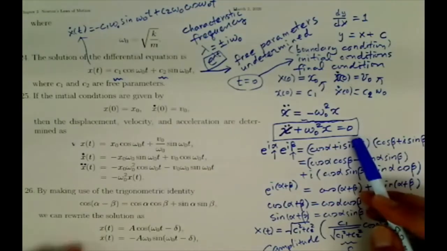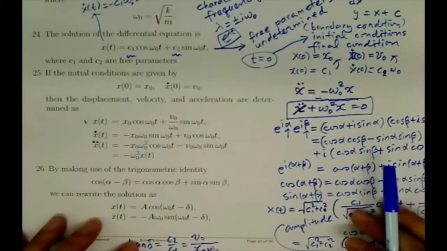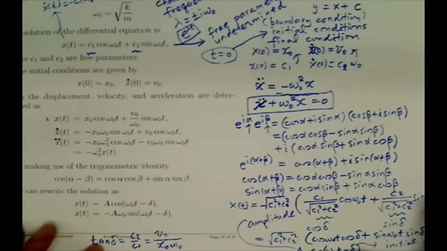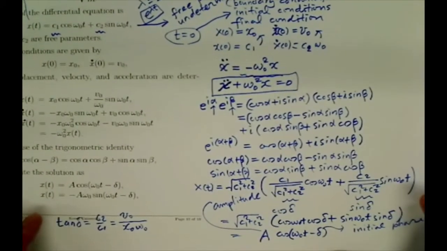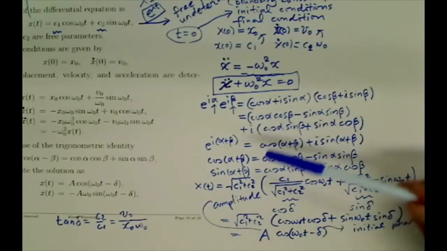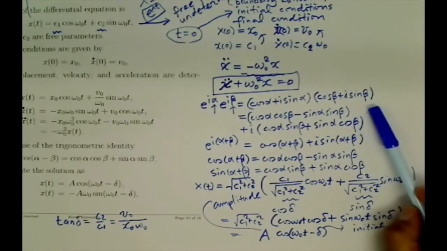Let us consider another way of expressing the final result for the general solution for the harmonic oscillator. This one requires some trigonometric algebra. Exponential i alpha and exponential i beta are cosine alpha plus i sine alpha and cosine beta plus i sine beta.